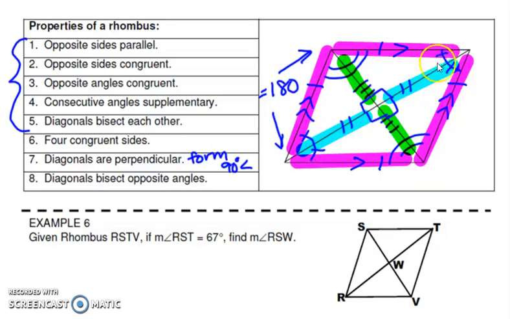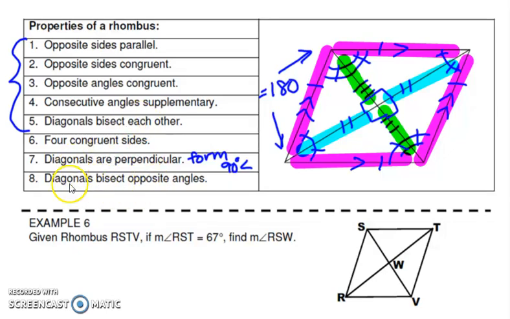That means all 4 of these little halves are the same because the opposite angles were the same and then they're being cut in half, so each little half is the same. And that's the same for the other 2 pairs of opposite angles, so these 2 halves and these 2 halves are all the same. Okay, so those are properties of a rhombus.